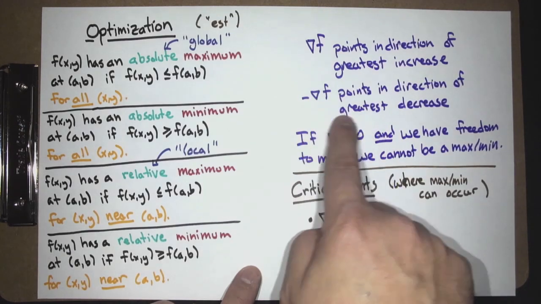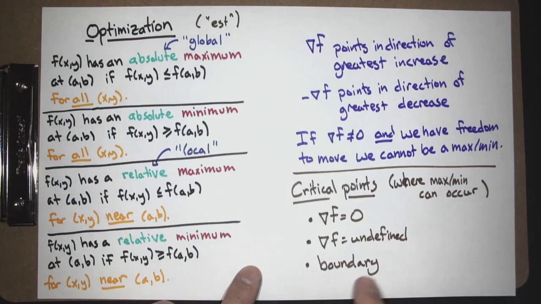Or a boundary, because a boundary is where you don't have that freedom to move. The gradient may say you should move in that direction to increase, but the boundary says no, you're at the edge, you cannot step in that direction.